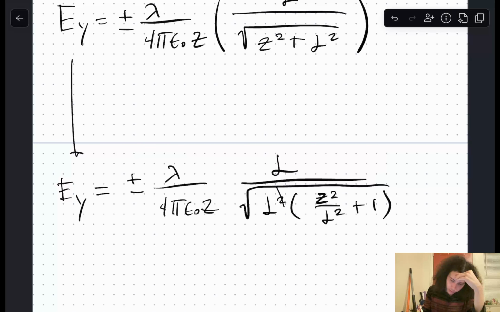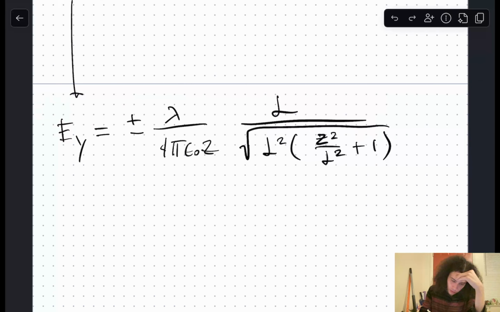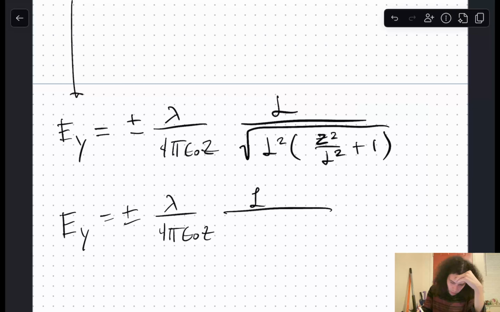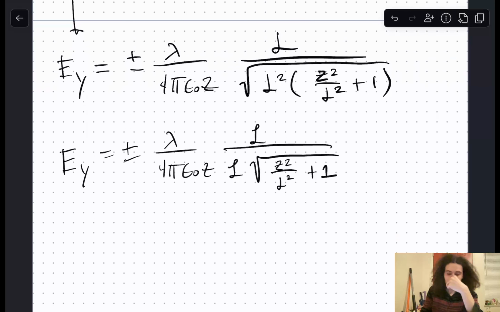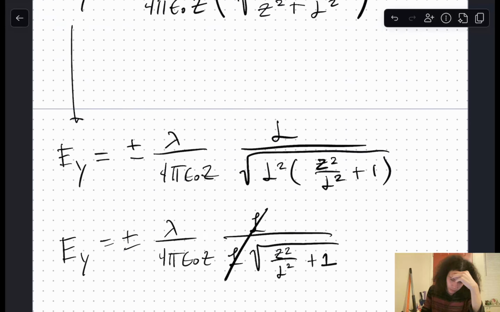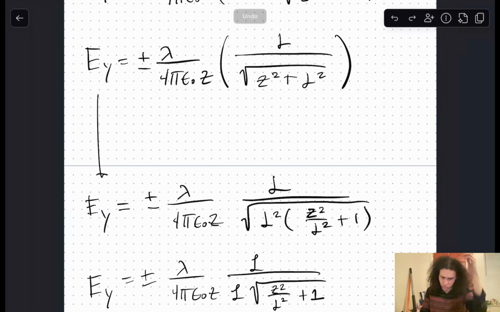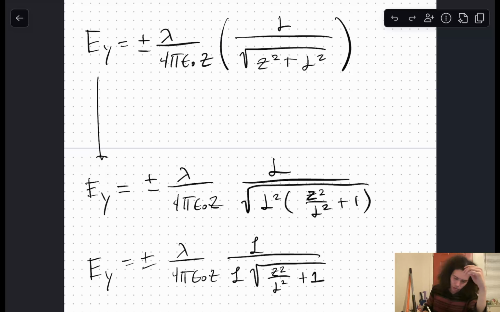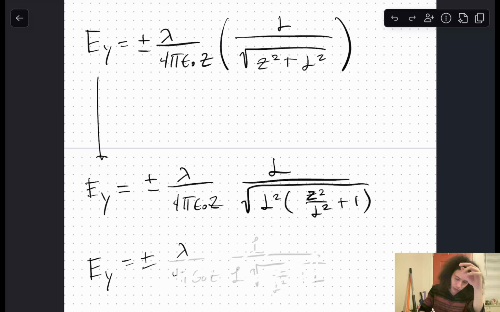Again, the square roots cancel with the L. So we end up with the square root of z squared over L squared plus 1. These L's cancel. No, this isn't ideal for limit analysis.